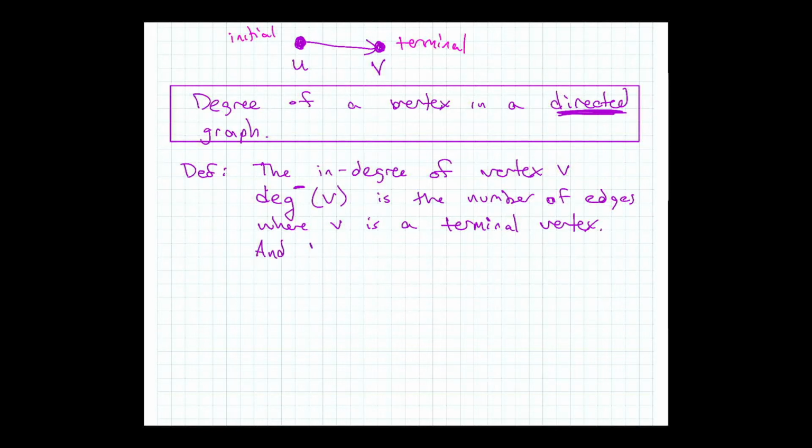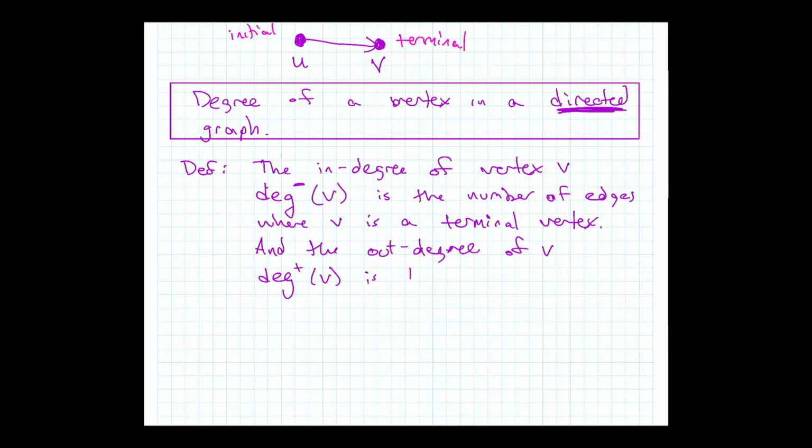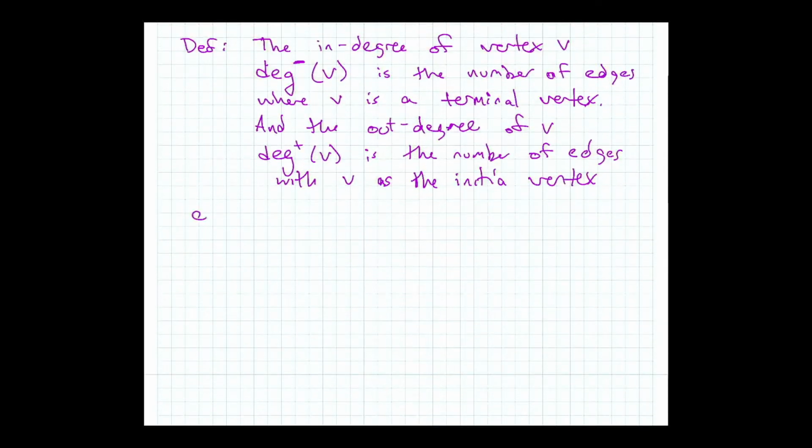And out degree, the out degree of V, which is going to be DEG plus, is the number of edges with V as the initial vertex. Right, so let's do an example. V1, V2, V3.